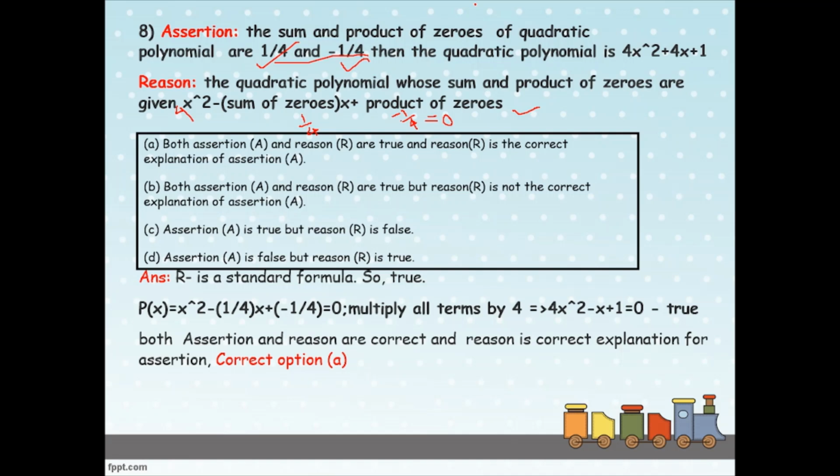When you multiply it by 4, x square becomes 4x square, and 1 by 4x becomes minus x. Actually, in this question it should be minus x. Then both are true and the reason is the proper explanation of the assertion. So we go for option A.